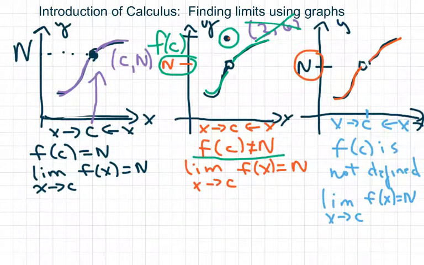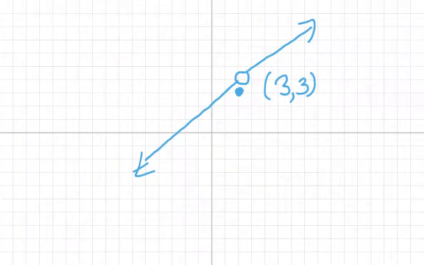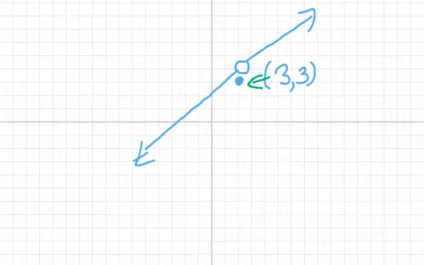The first one is this graph, and we want to know what the limit of this graph is. Again, we don't care about this point here. It's not 3, 3. So as the graph approaches from below, and let me do a different color, from below and from above, it approaches n.